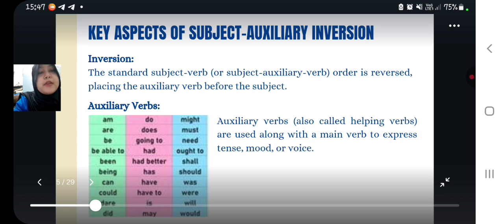And modal auxiliary verbs such as can, could, will, would, shall, should, may, might, and must. These auxiliaries express modality, the speaker's attitude towards the action, such as ability, permission, necessity, or possibility.